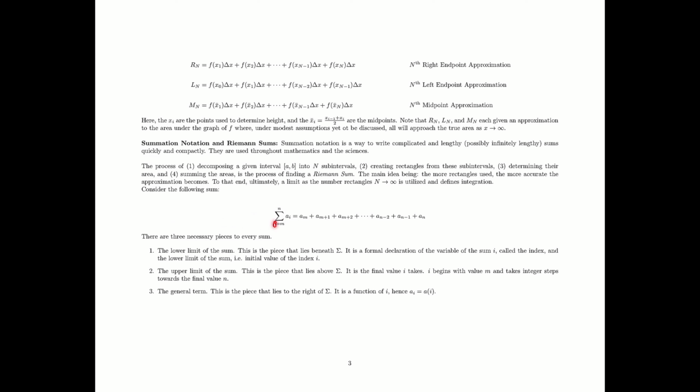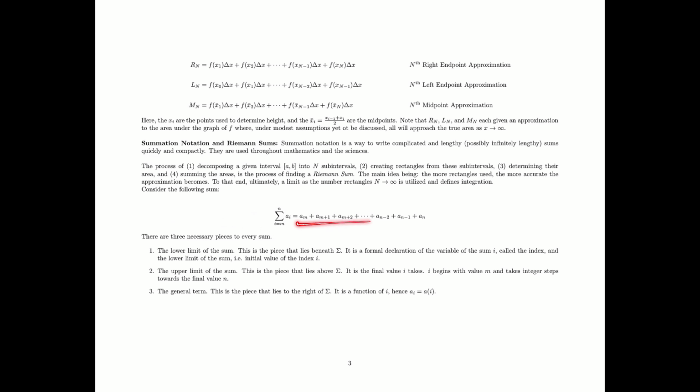We start with that integer, so maybe I equals 2, and we plug 2 in and get a term. So if we're starting with m, we have the m term, plus, well, we go in integer steps. We start with m, go to m plus 1, m plus 2, and work in an orderly fashion until we get to n, where we stop.